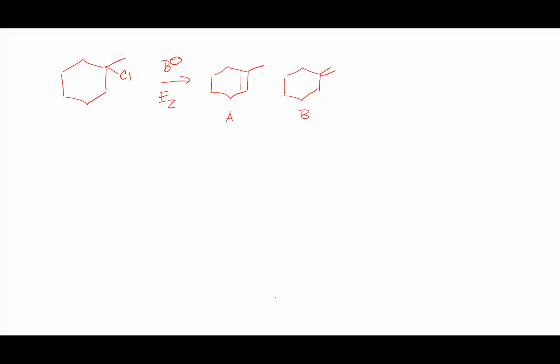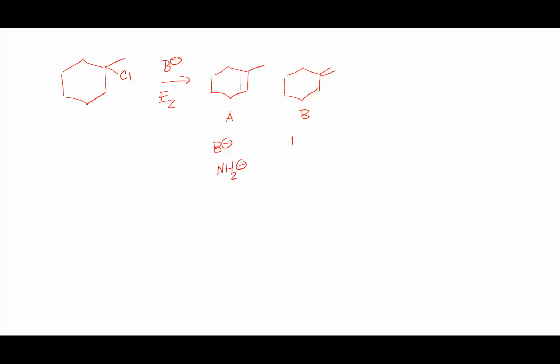It depended on the base, right? So I'm obligated to ask, if I wanted to form product A, what should my base be? NH2 minus was the small base that could form either A or B, but since it can form either one, it's going to form the more stable one.